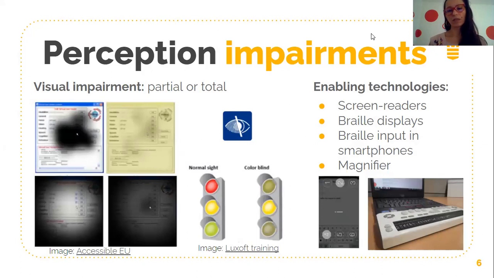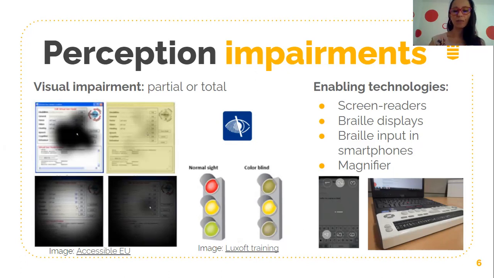Total is easy because it means someone is completely blind, and they are not able to detect anything visible. But the impairment can also be partial, which means that they can see something, but they have low vision because the vision can be distorted, or maybe they cannot perceive things in the same way as people without disability.